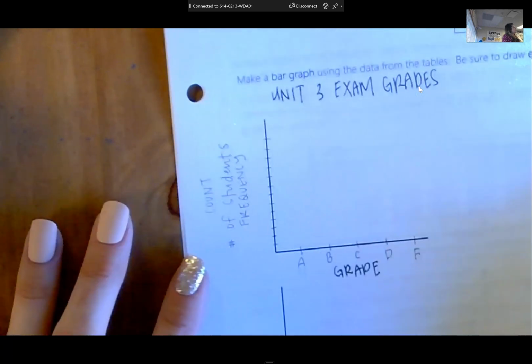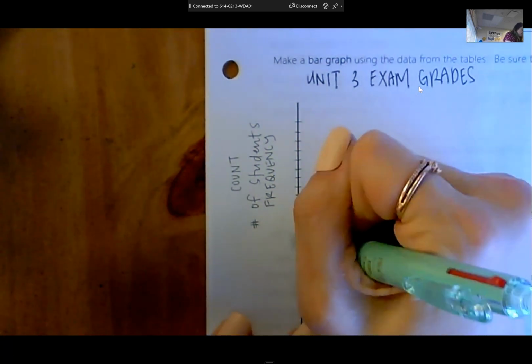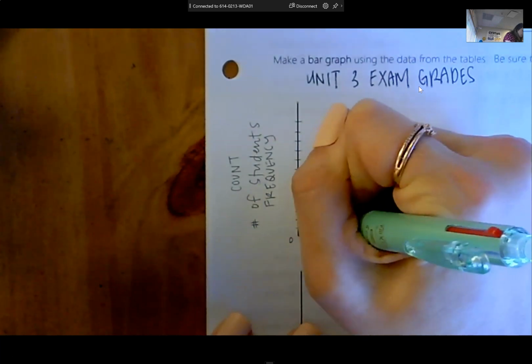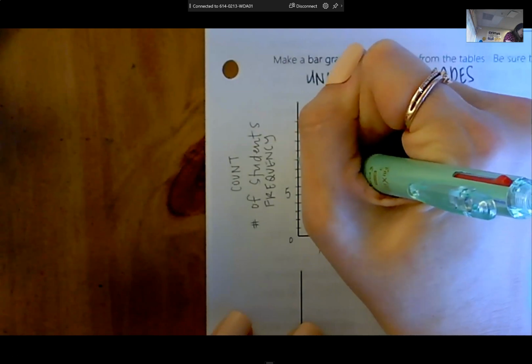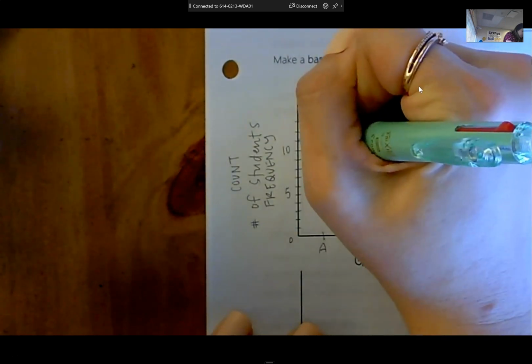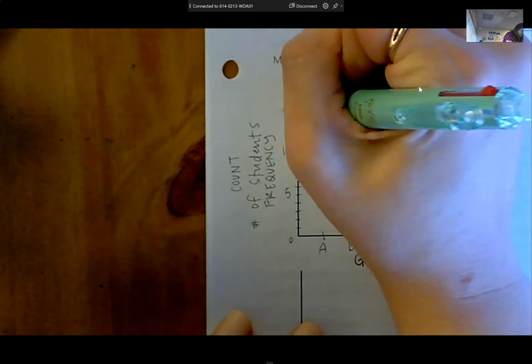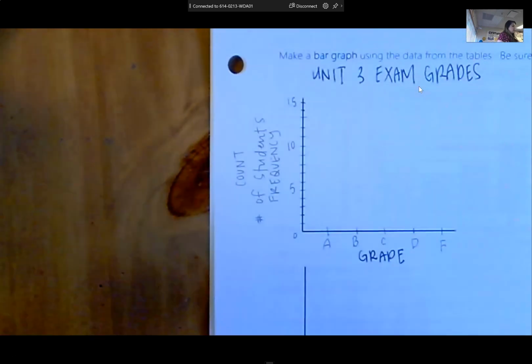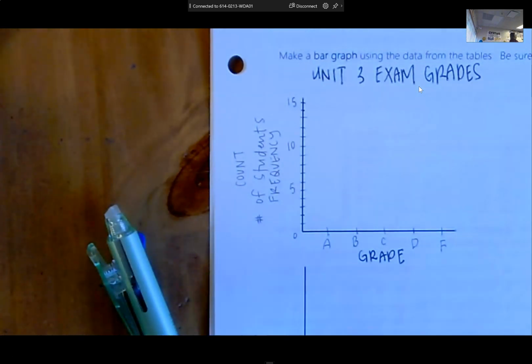And then, because you guys know I don't like my axes to be all jammed up, I'm only going to label 0, 5, 10, 15. So I'm only labeling every 5th tick mark because I do not like my axes to be all crowded.